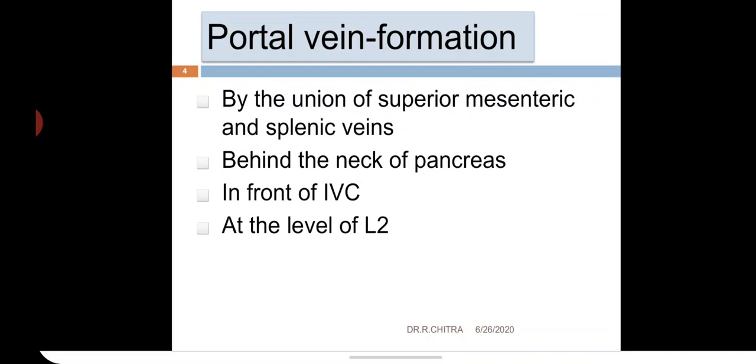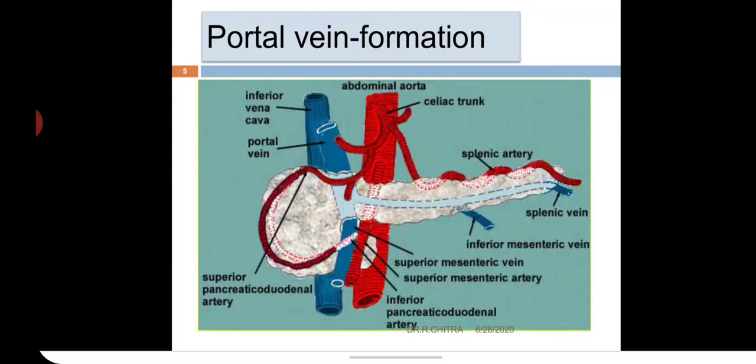Where is it formed? We have seen, behind the neck of the pancreas, by the union of the superior mesenteric and the splenic veins, in front of the inferior vena cava at the level of the L2 vertebra. After formation, it has an extrahepatic part and an intrahepatic part, mainly the same as the biliary apparatus.